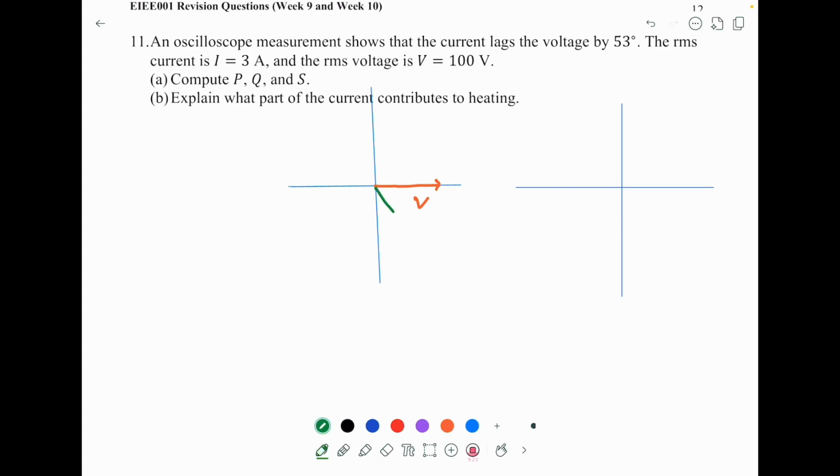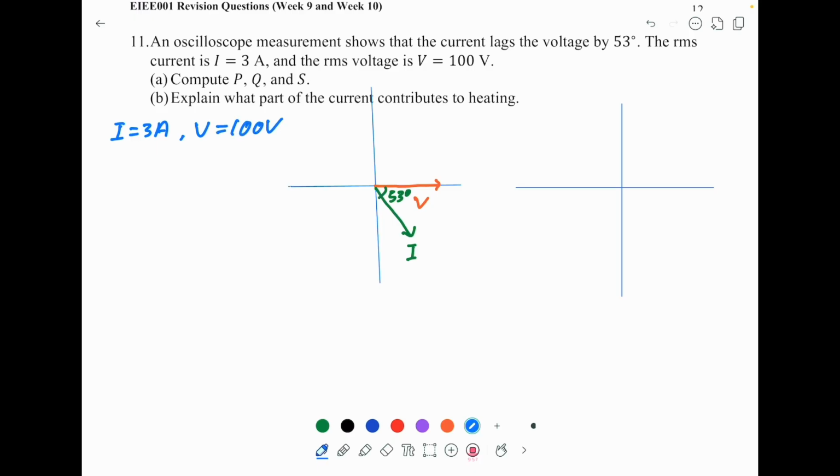So this is the current I here, and the angle here is 53 degrees. Let's put down the values here. So I is 3 A. Now we assume all the values are in RMS, and the V is equal to 100 V.